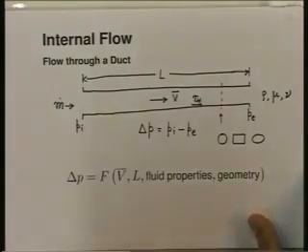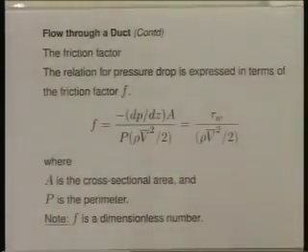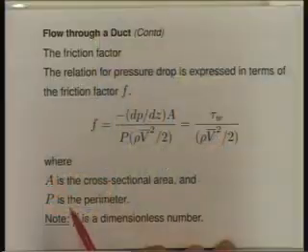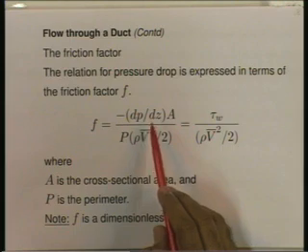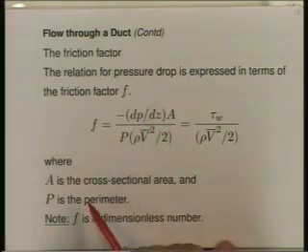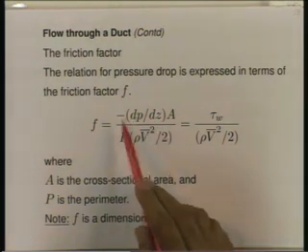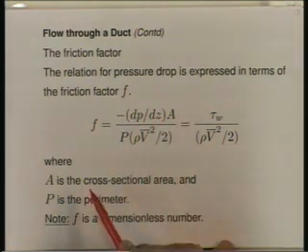In such a case of internal flow, we define a term called the friction factor. Friction factor relates the pressure drop to the other properties of flow and velocity and also to geometry. The friction factor is defined either in terms of the pressure gradient, the partial derivative of pressure with respect to the direction of flow.